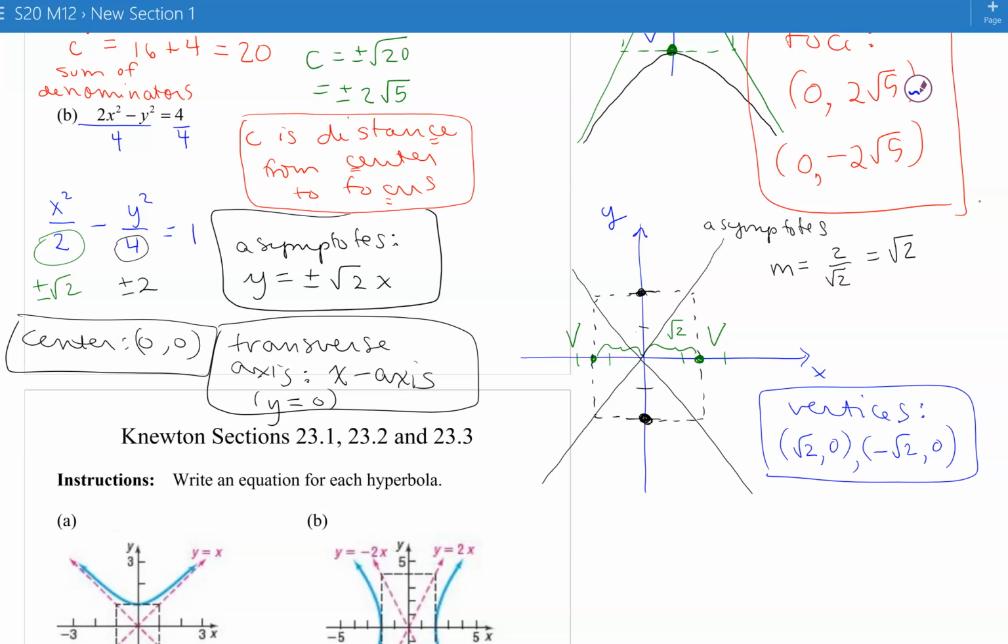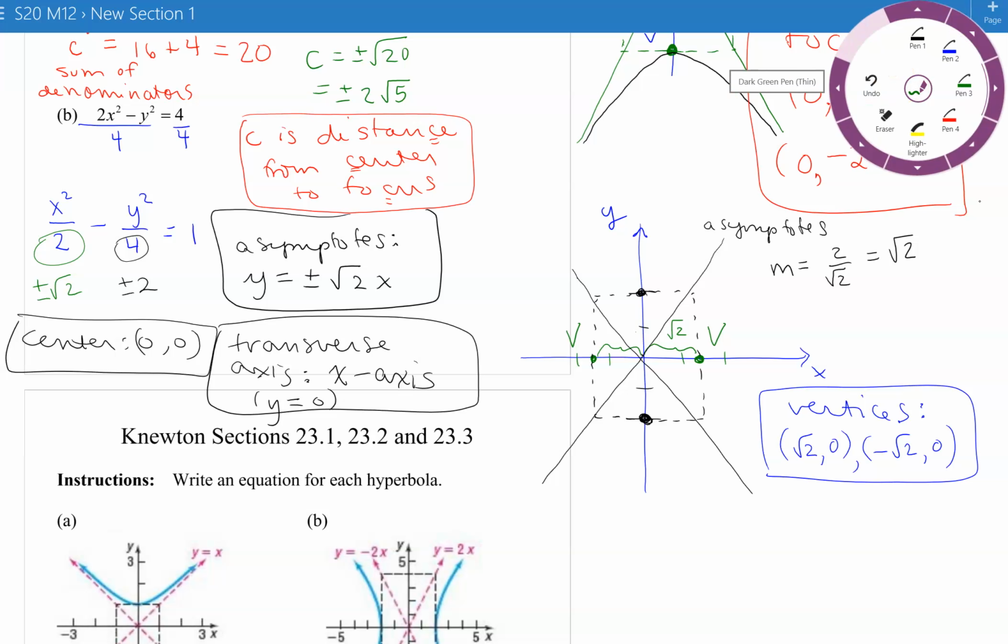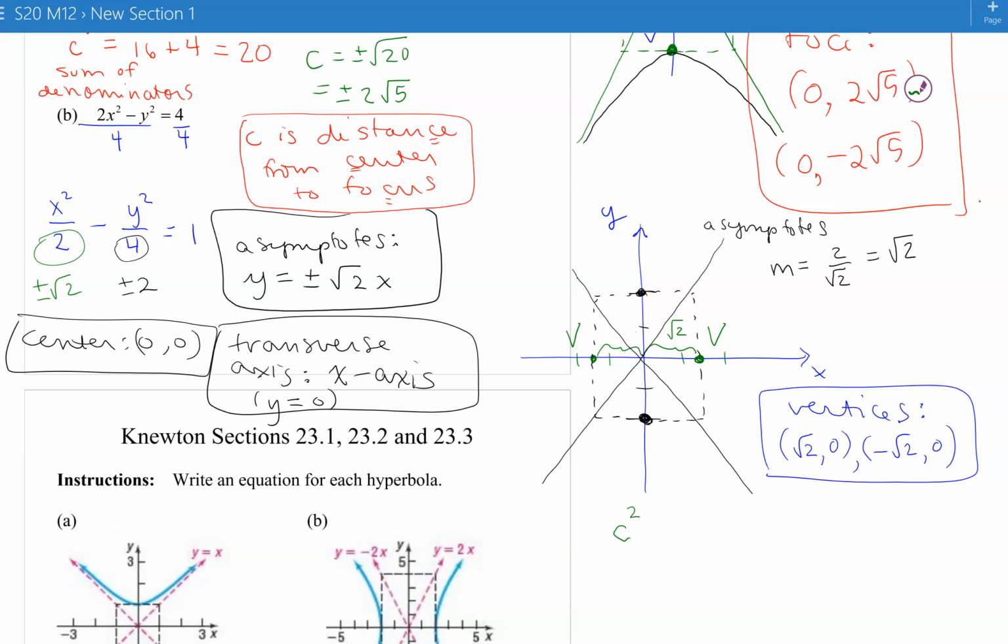And then we need to find the foci. So little c squared is the sum of the denominators, or 6. So c is plus or minus the square root of 6, which is in between 2 and 3.